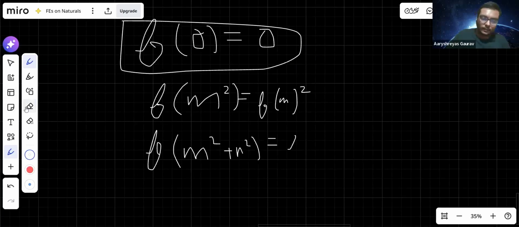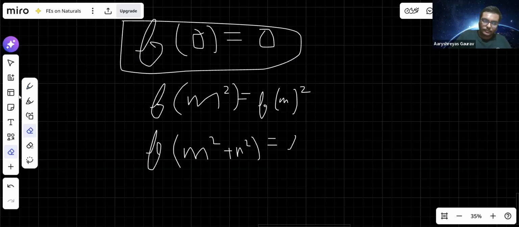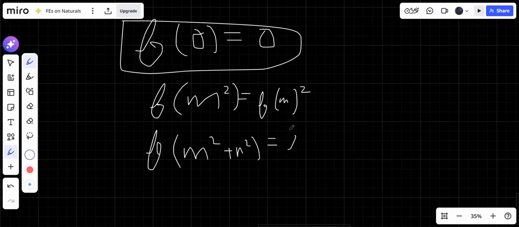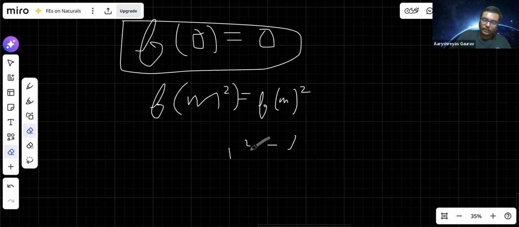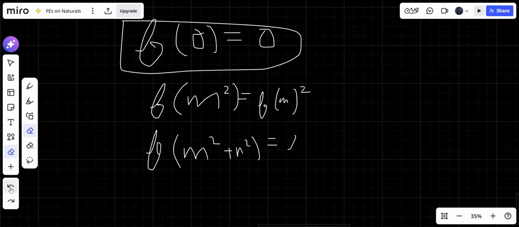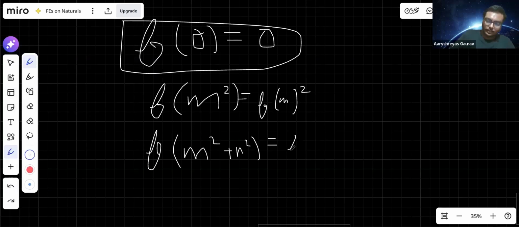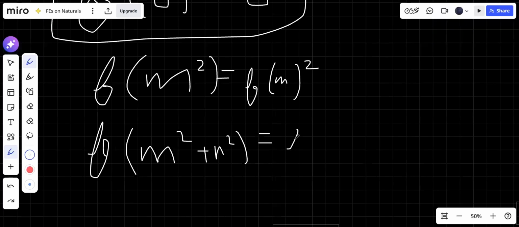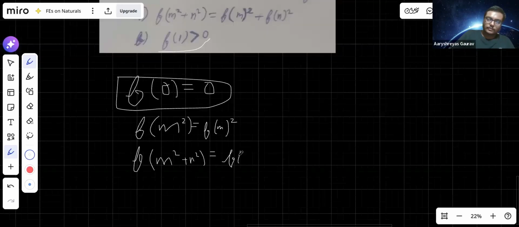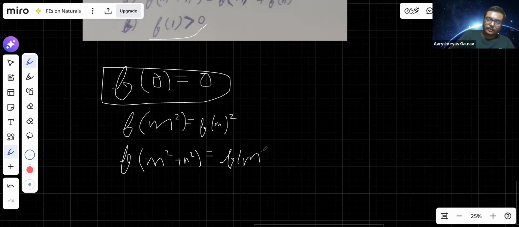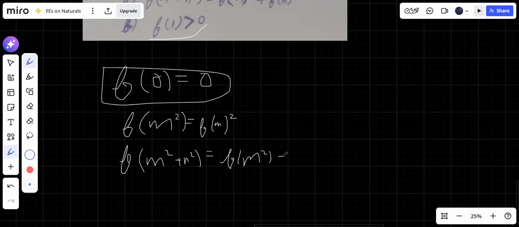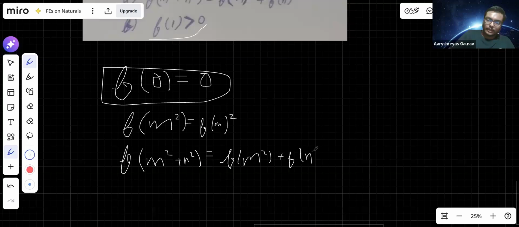No, this is correct, what you have written before was correct. This is equal to f of m squared plus f of n squared. Yeah, so it is. Okay, well, any more cool ideas?